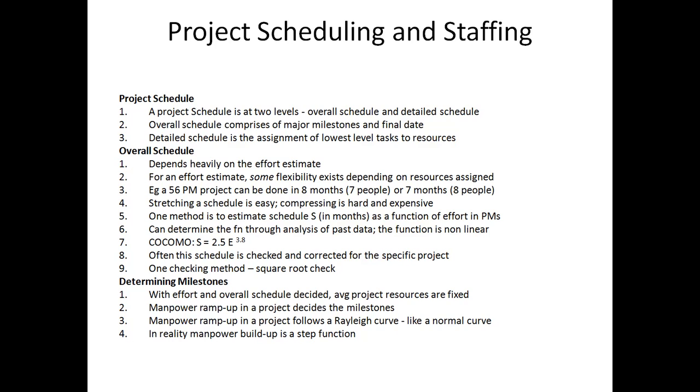Before fixing the milestones and the resources, we cannot proceed with detailed scheduling. For the detailed schedule, the major tasks fixed while planning the milestones are broken into smaller tasks, in a hierarchical order.